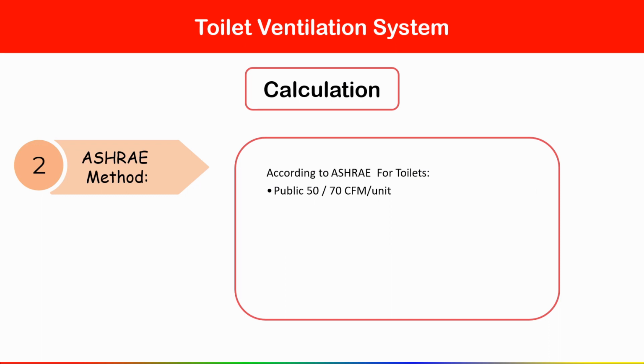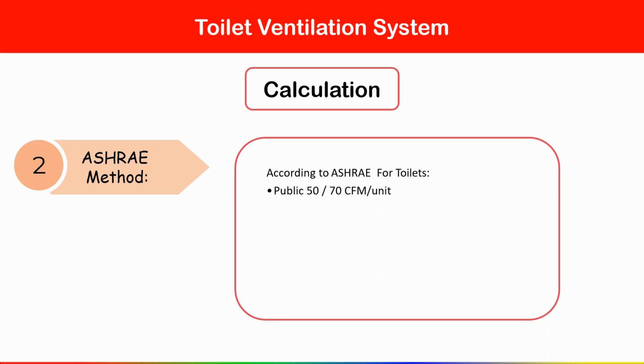When do we take 50 cfm and when 70 cfm? Remember, if your fan, the inline fan installed inside the duct, is running continuously, then you have to take 50 cfm, meaning from each toilet you have to exhaust 50 cfm of air.